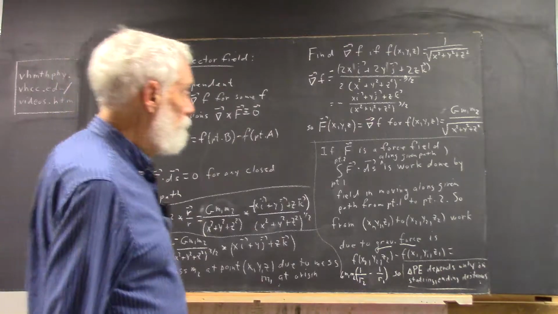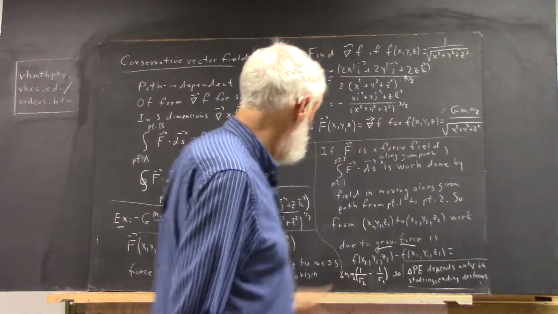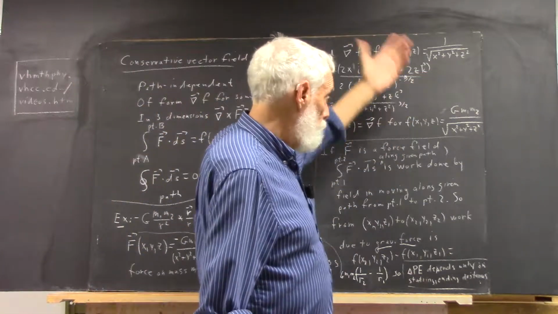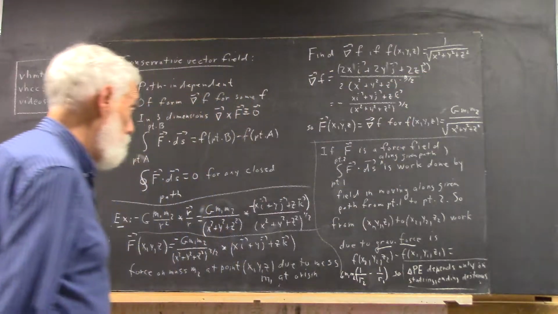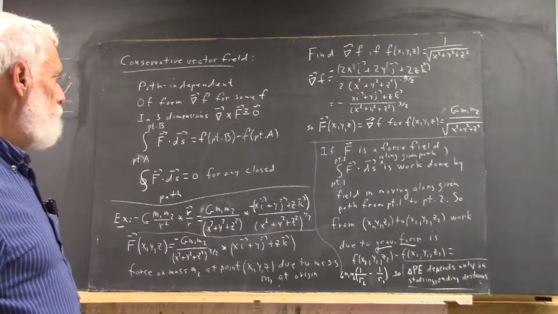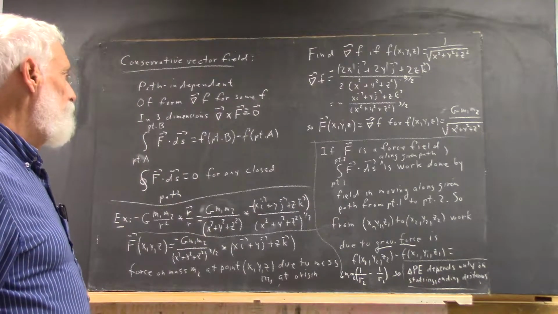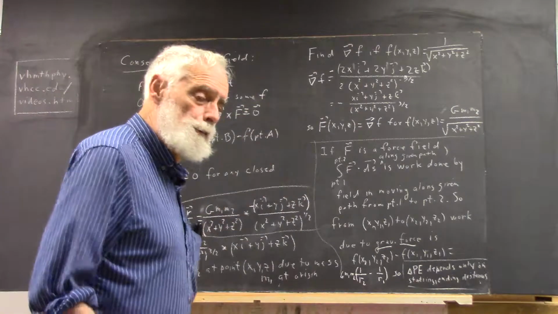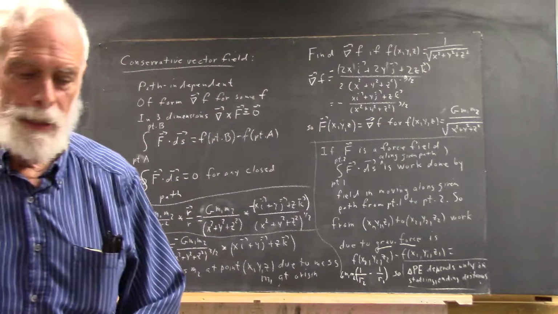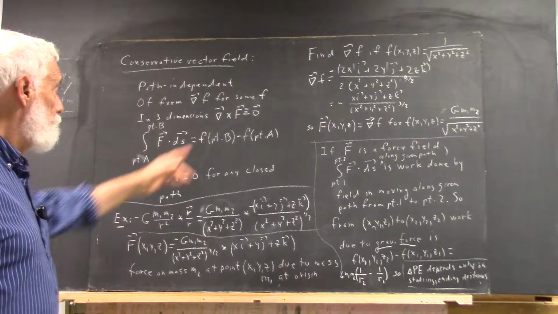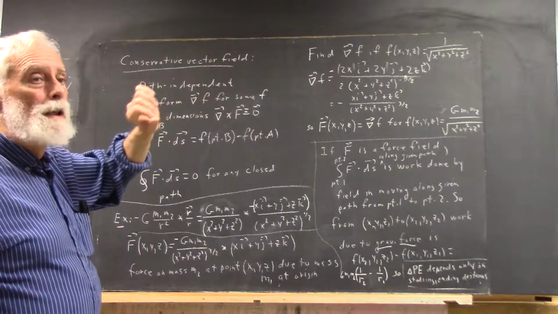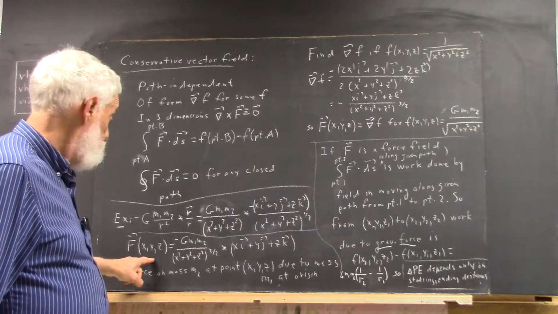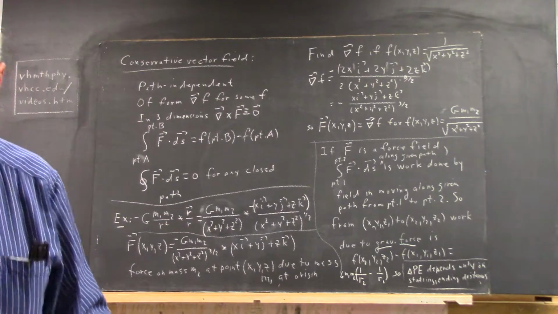Okay, and you can take the gradient of this and verify that it's equal to this. But if you've done this derivative, you've already done almost all of the work. Now, okay, that's an example of a conservative force field. We'll see how you can find a potential function, a function of which you take the gradient to get the vector function, in a couple of examples a little bit later on.